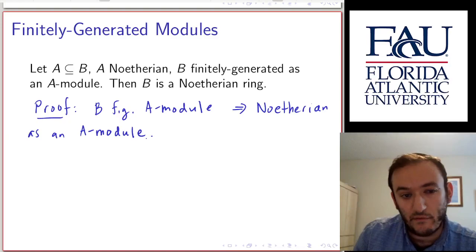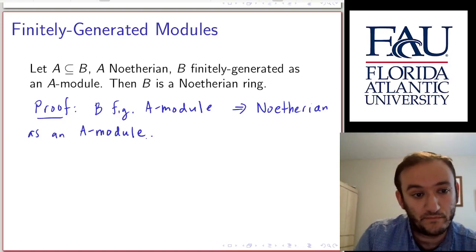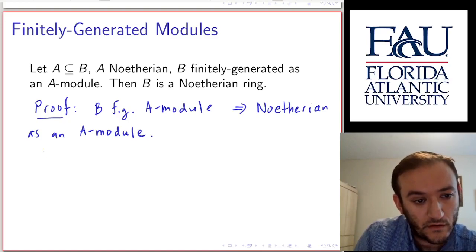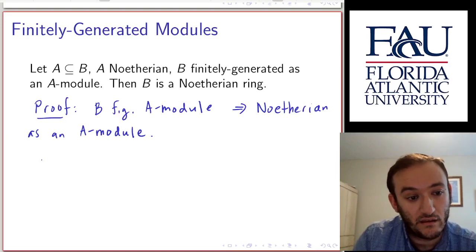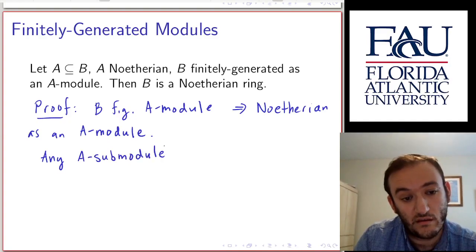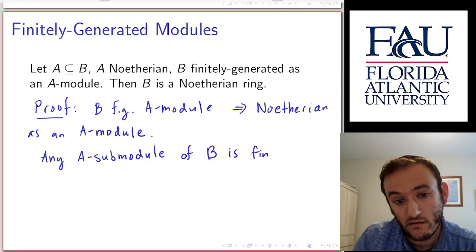But then how do you get from being Noetherian as an A module to being Noetherian as a B module? Well, if I'm Noetherian as an A module, then any A submodule of B is finitely generated.